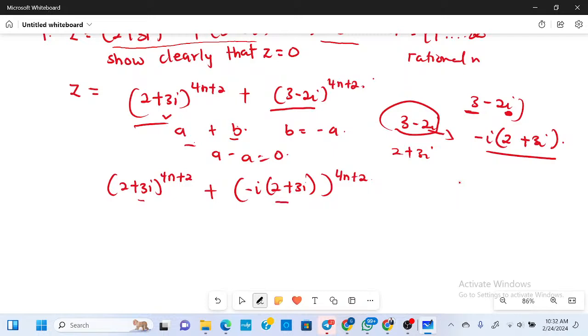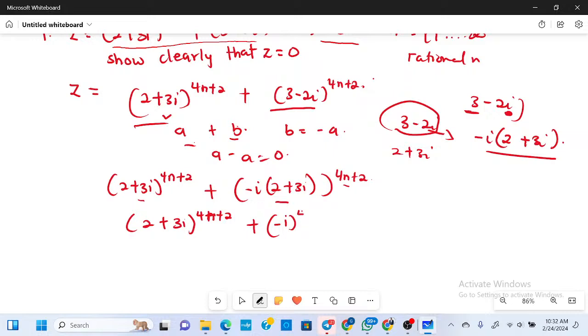negative i here. So how do I get rid of that? So I'm going to have 2 plus 3i to the power 4n plus 2 plus the negative i here. You know that I can remove that out of this power by taking it as an individual term.